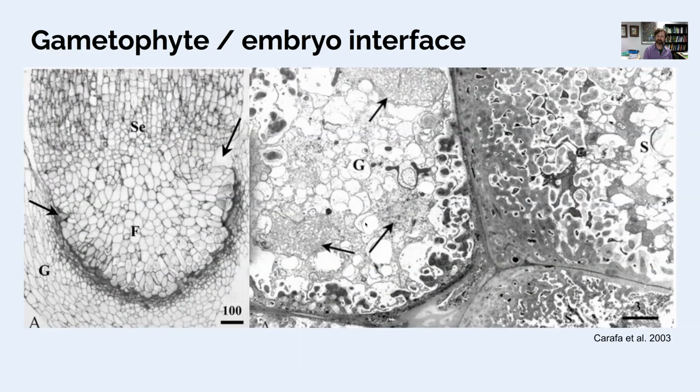Kind of interesting here. If you think about maternal or mother plants giving nutrients to their offspring plants, there's a structure in plants called a placenta, which is very much like the placenta we have in placental mammals. There's this interface here, this thick line, showing a difference between the F here, which is part of the sporophyte, and G, the gametophyte.